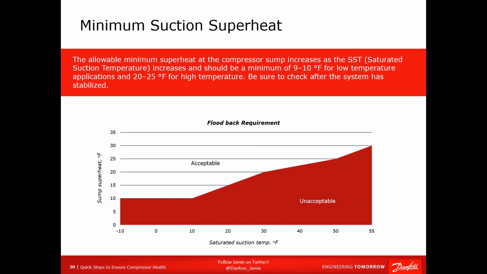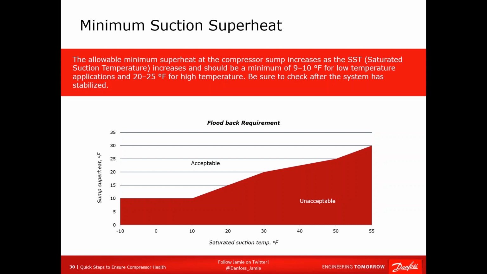So how do you know how to get rid of this? Well, you look for superheat at the compressor inlet. So we call this saturated suction superheat. It sounds like an oxymoron, but really what you're doing is you're calculating saturation temperature at the compressor inlet, which can be 4 or 5 degrees less than at the evaporator. And then you measure your temperature and you calculate superheat there.